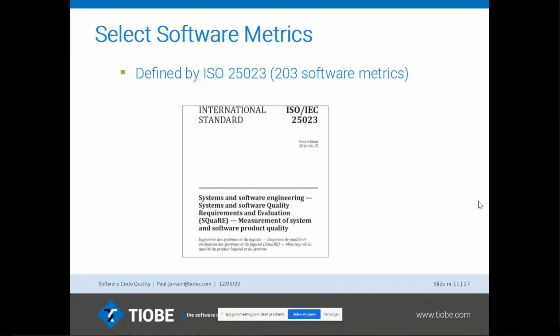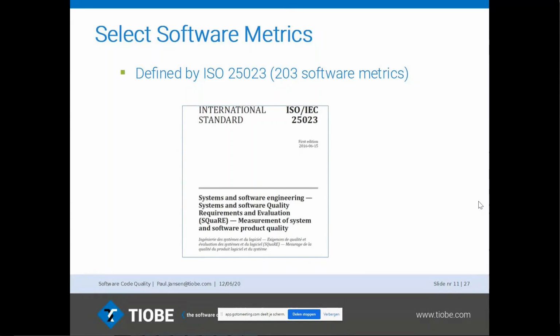And they are actually defining all kinds of software metrics to measure this 25010 standard. So when I saw this, I thought, oh wait, we are done. We just have to look at these 203 software metrics, and we can go ahead and start measuring our system and define quality targets. But that's not the case.